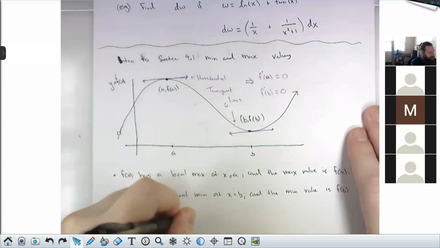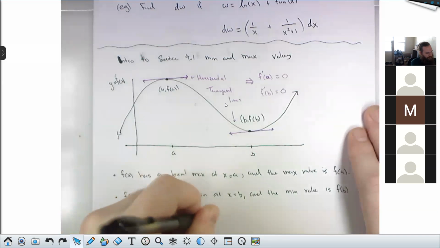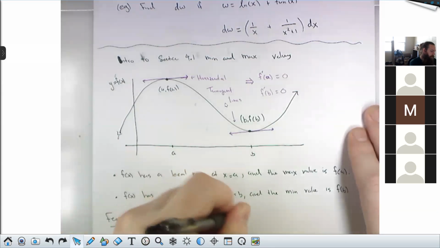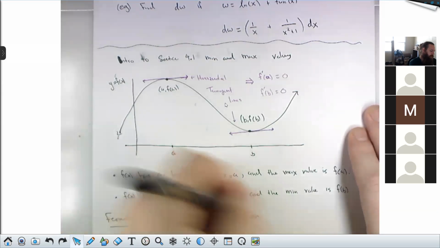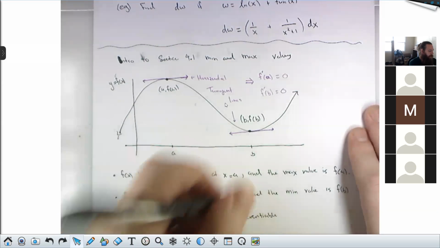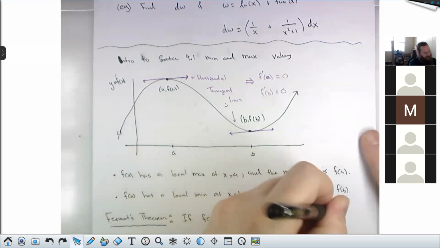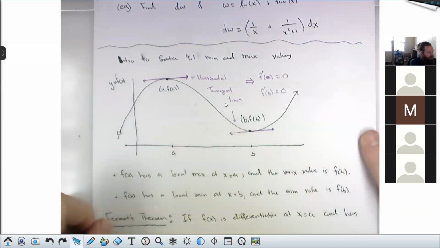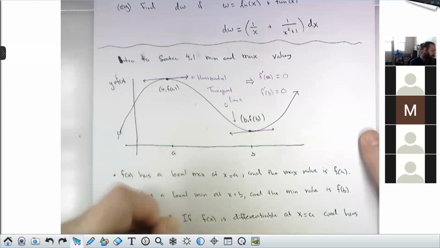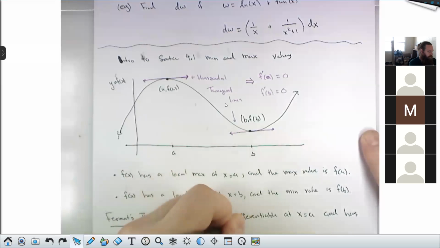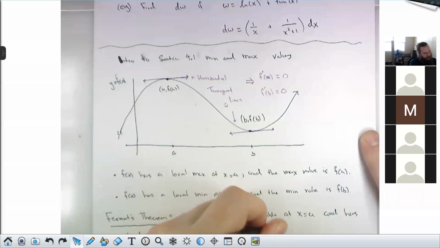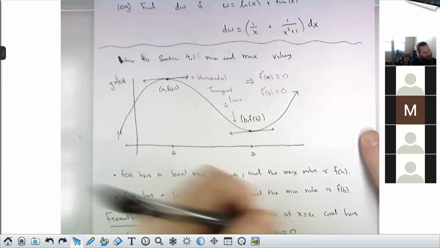So this says, if f of x is differentiable at x equals a and has a local min or max at x equals a, then f primed of a must be 0.